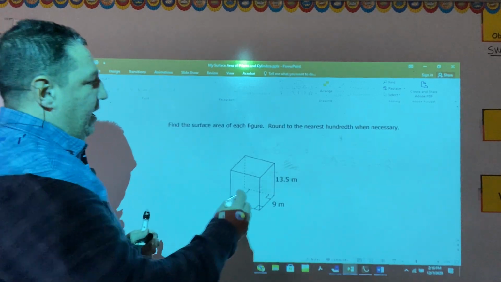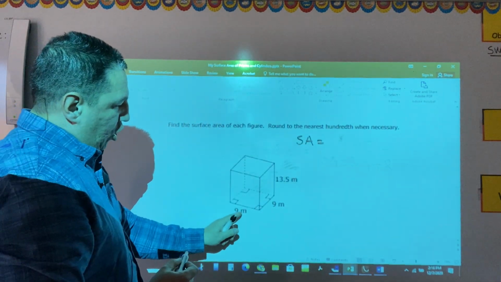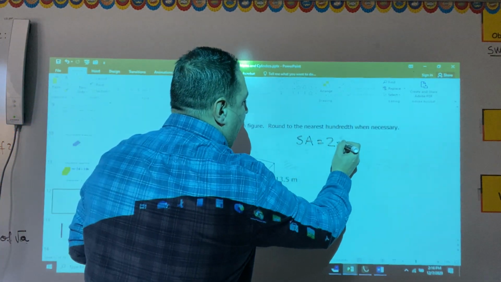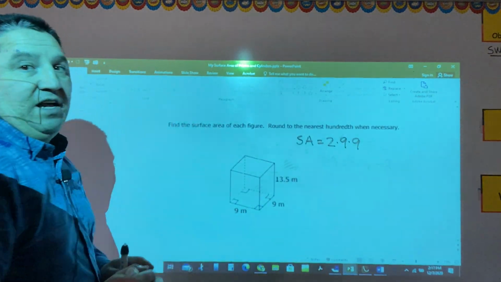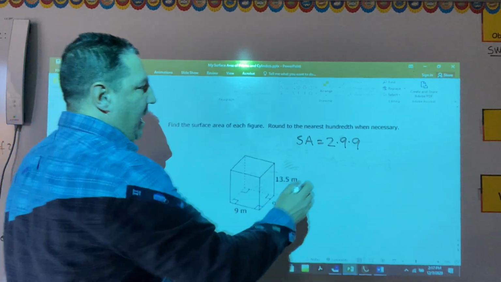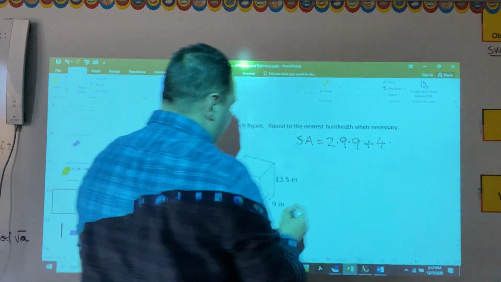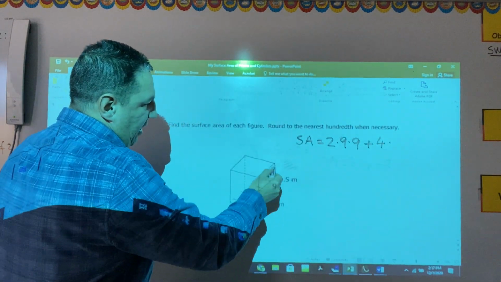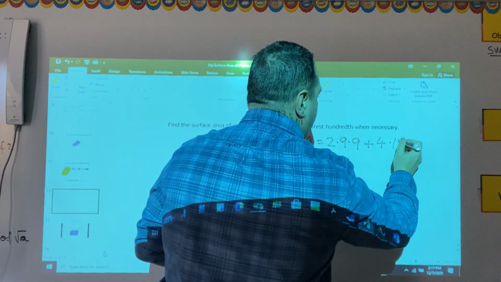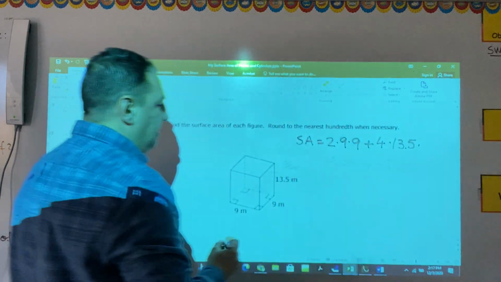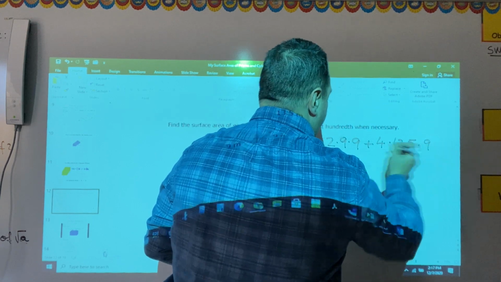Now, surface area would be 2 times 9 times 9. 9 is the length of the side of the square, plus 4 times L, which is 13.5, the distance between top and bottom, times the side of the square, 9.